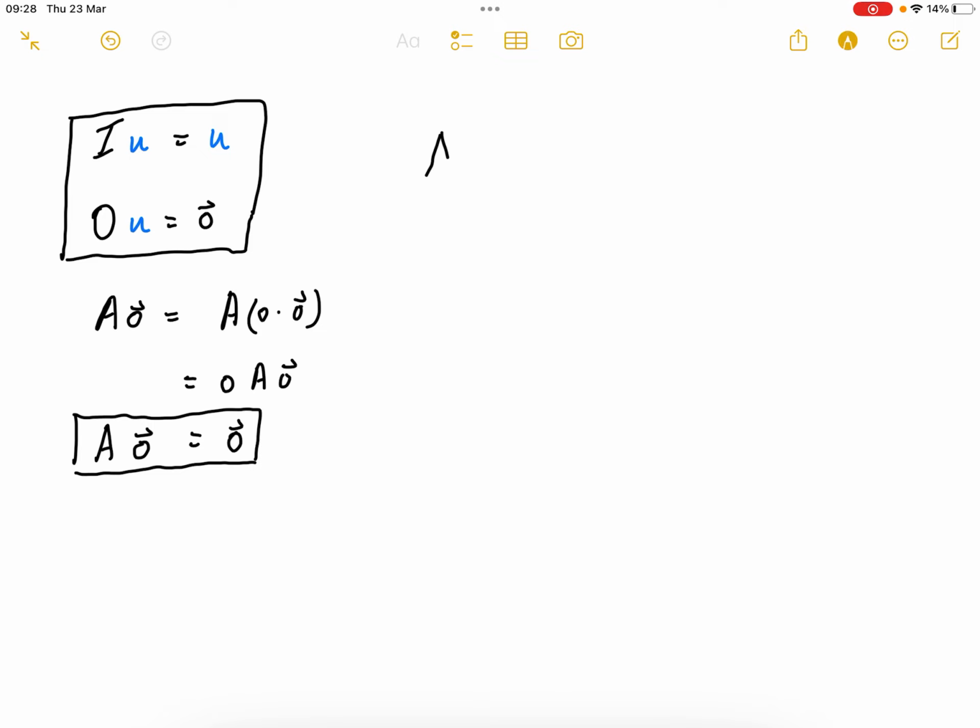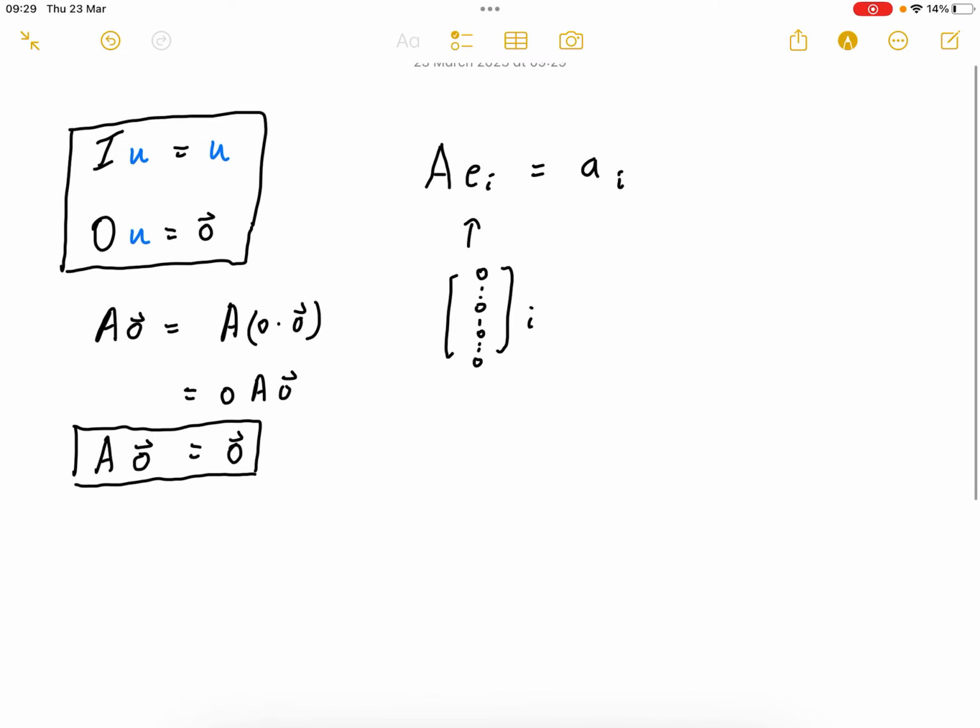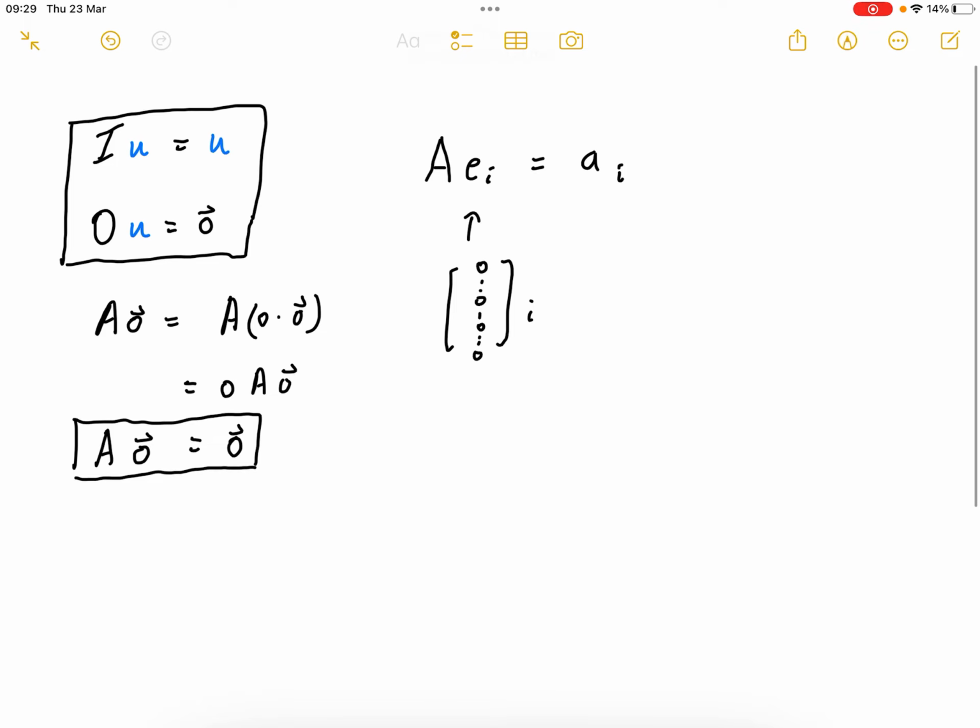We say a matrix A times e_i, where e_i is the vector of zeros, except at the ith row there's a 1 and zeros the rest. This gives us a_i, the ith column of A.